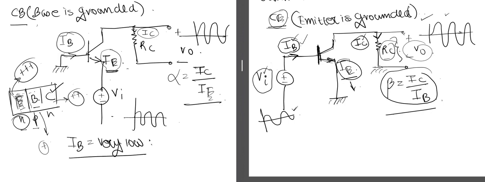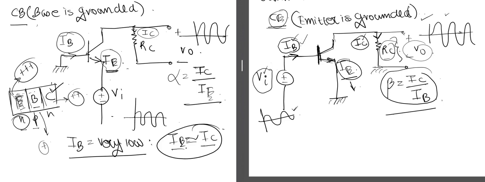The job of the base is to supply as many electrons as possible to the collector terminal. So the value of IB is very low, and the values of IE and IC, the emitter current and the collector current, are almost identical.